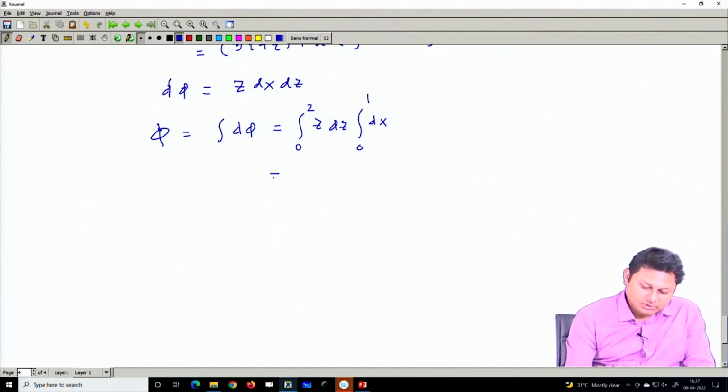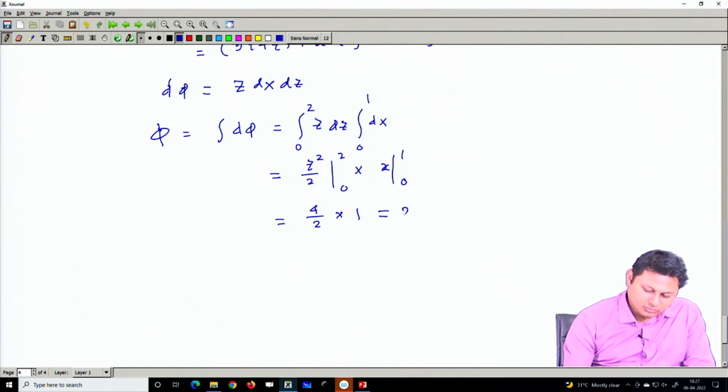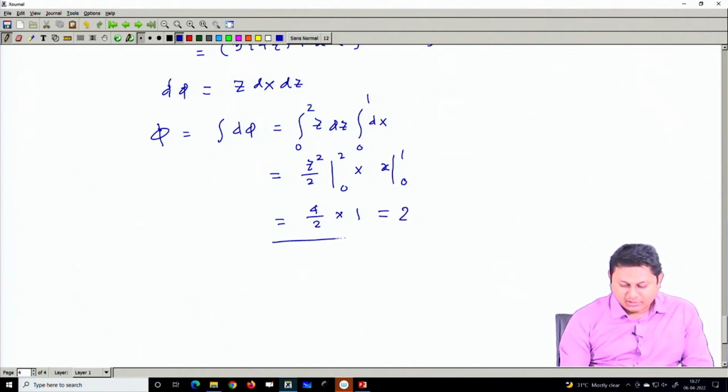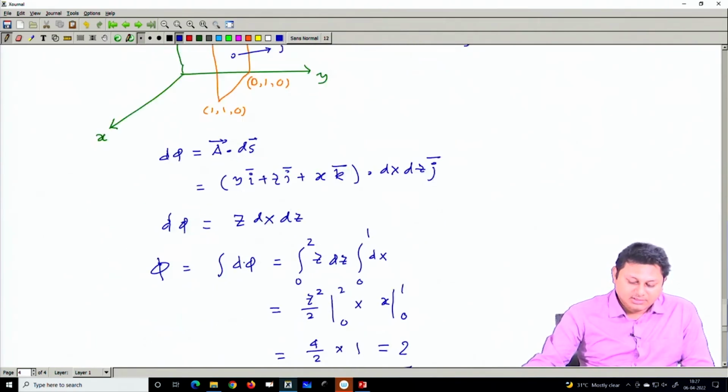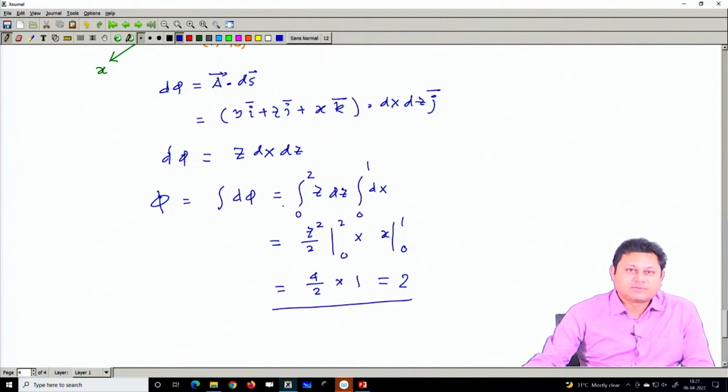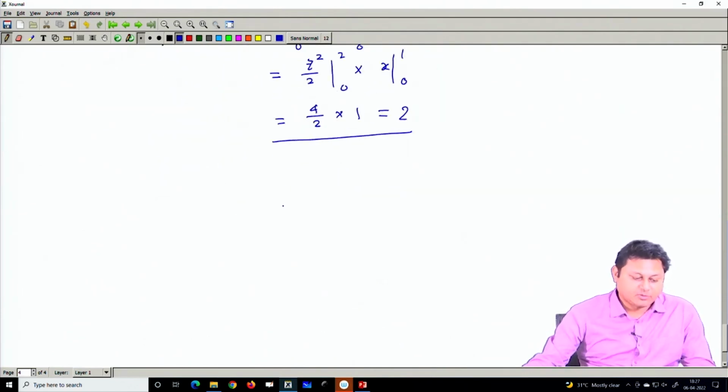Integrating gives z square divided by 2 with limits 0 to 2, multiplied by x with limits 0 to 1. So it is 4 divided by 2 multiplied by 1, and the value is 2. The total flux for the given vector field through this surface is 2. We just calculated the surface integral. This was our problem 4.